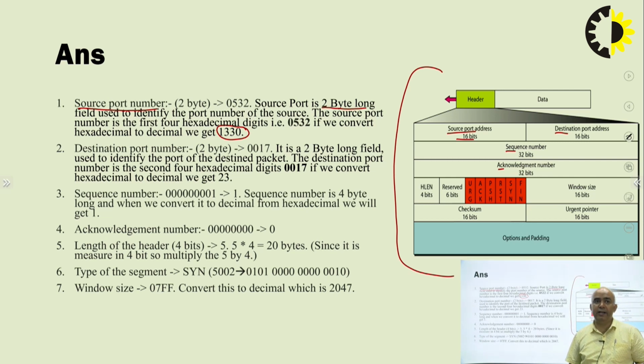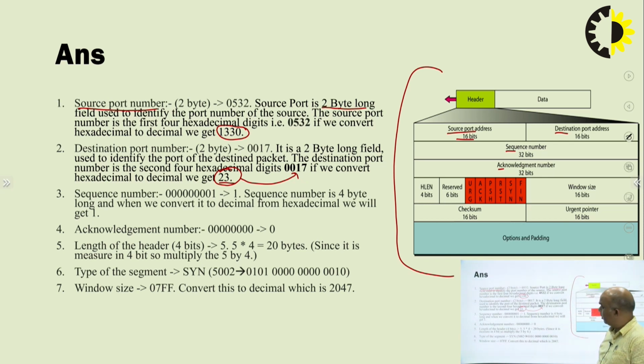If we convert this hexadecimal number into decimal, we will get 23. So 23 is the decimal number with respect to this hexadecimal number. So this is for the destination port number. The port number is 23.